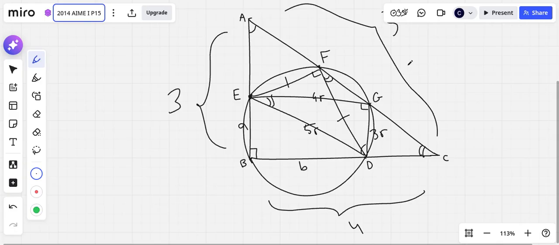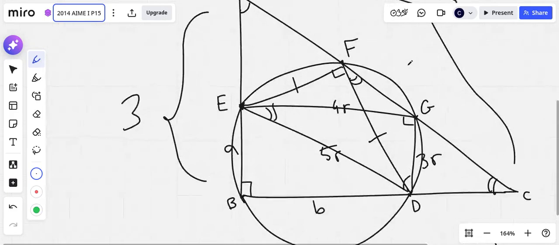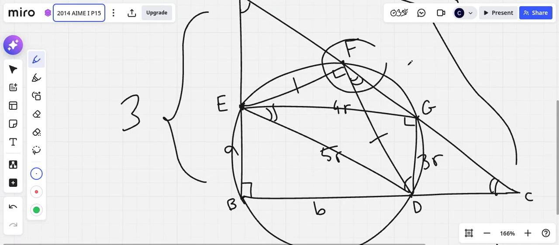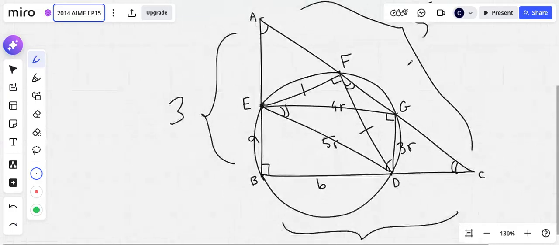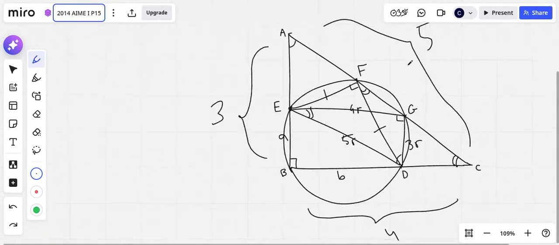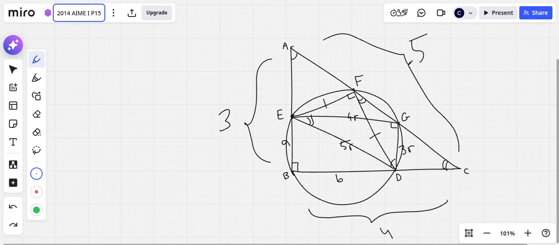Looking at this line over here, all the angles will add up to 180.